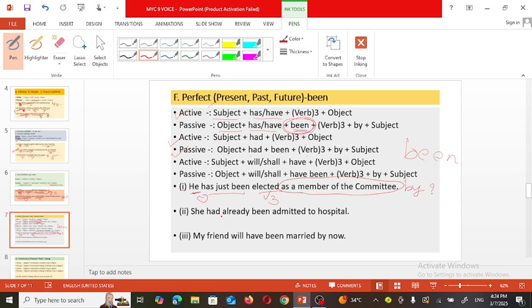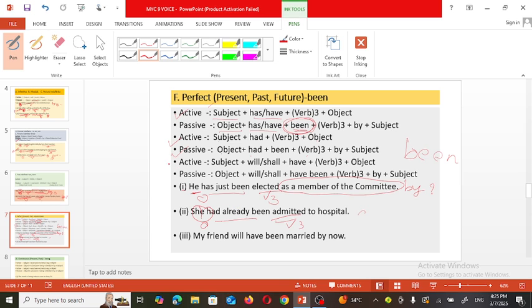For example, she had already been admitted to the hospital by maybe her parents. So admitted is the action, meaning the verb. The third form of the verb, had been, the to-be form is used, and this admitted action is done on whom? She. So that is the object. So object and then verb means the sentence is in passive voice.